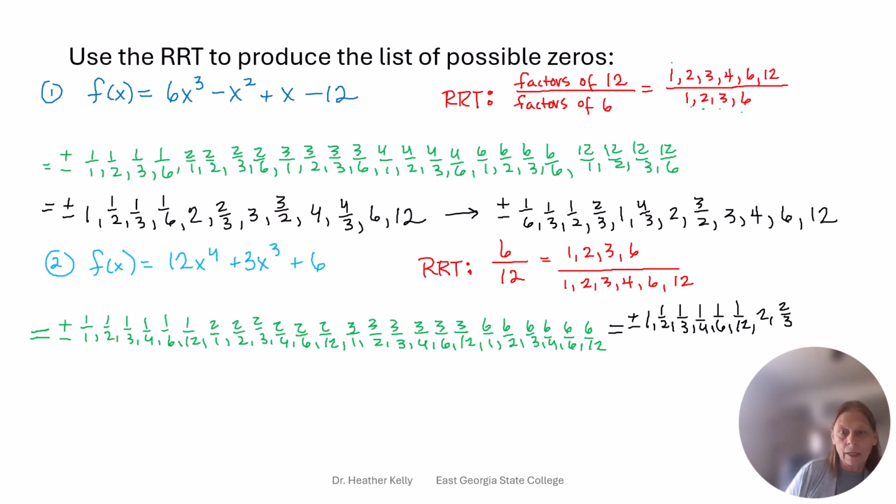So we're good with that. 3, we need that 3/2. We don't have 3/4, we need that one. 3/6 is 1/2, 3/12 is 1/4. Then we need 6, 6/2, we got 6/3. That's it. No comma necessary. Okay, so let's give you one to do.